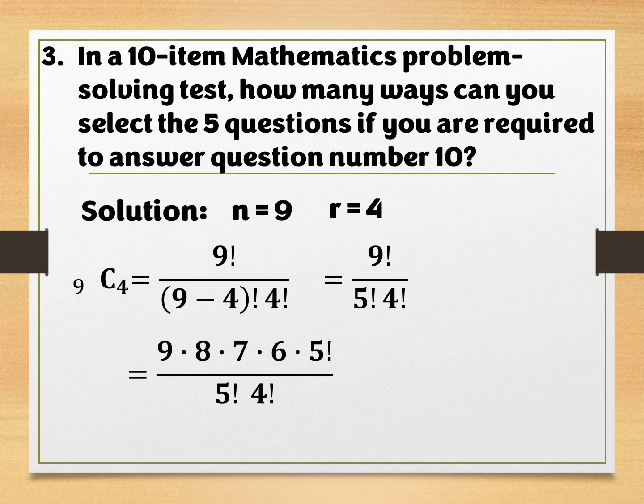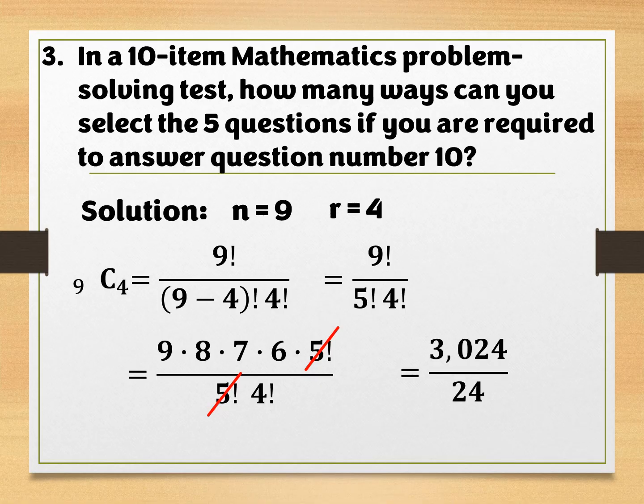So we're going to simplify. The value of 9 factorial is 9 times 8 times 7 times 6 times 5 factorial. And the denominator is 5 factorial times 4 factorial. And then we're going to cancel 5 factorial. Next is we're going to determine the product of 9 times 8 times 7 times 6 and also the value of 4 factorial.